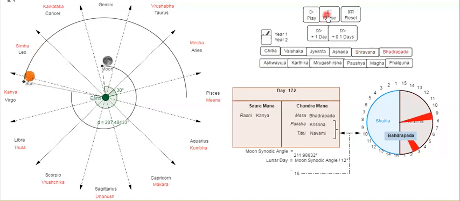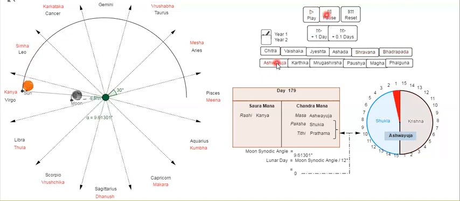You see here, the sun and the moon are somewhat at the same place. Now the moon is in Kanya or Virgo.